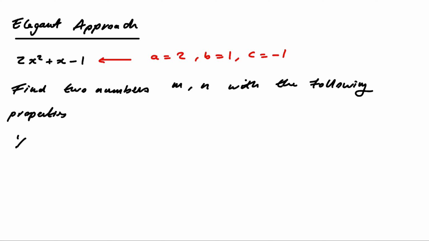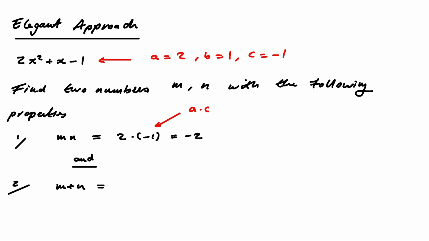The first property is I want their product to be the same as the product of a and c. So mn has to be equal to 2 times minus 1, which of course is minus 2. In general, this would be a times c. That's the first thing I want to be true. And the second thing is I want their sum to be equal to b. b here is equal to 1. So m plus n is equal to b, and m times n would be a times c.